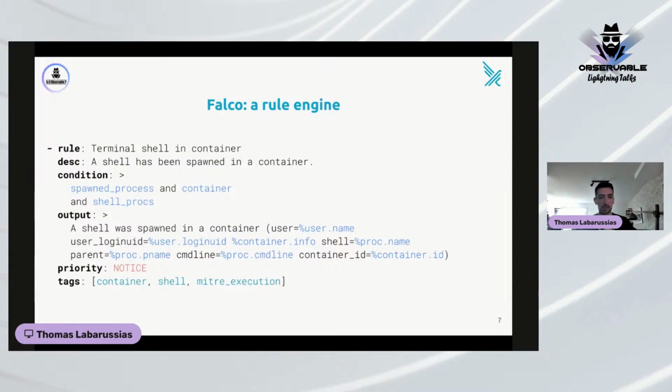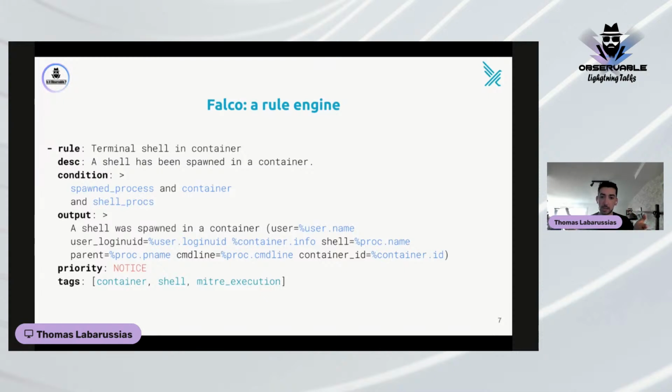If this condition matches the event, an alert is triggered, and an output. This output is exactly what we retrieve at the end in the logs. And you can see some fields beginning with a percent character. Basically, all these fields will be dynamically replaced by Falco to give us some context.